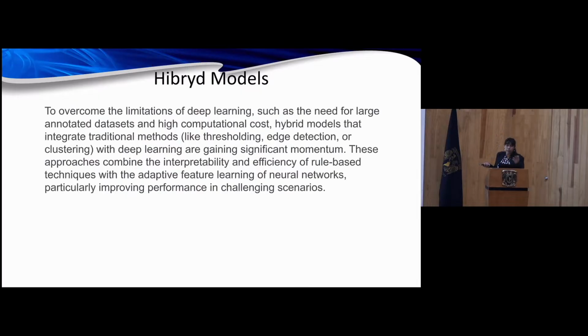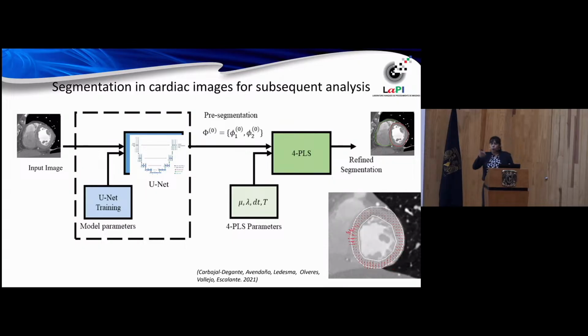And also the hybrid methods, no? With all the methods that I told you before, I can use maybe first a UNet on this image to get the location of the organ that I'm looking for, like here the ventricle and the atria, and then from there take it to a level set, for example, a deformable model, and it will take fewer images for training, and less time also.